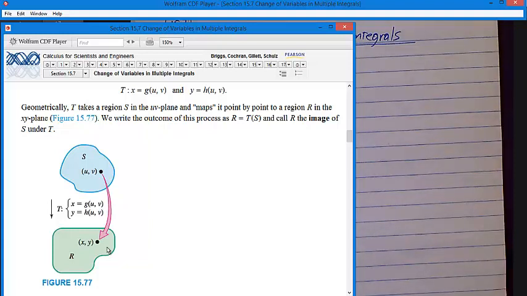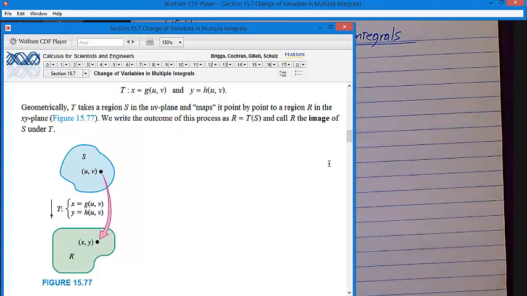What if region R is ugly? Well, the idea is there may be a transformation, capital T the book uses, that will change you from an ugly region to a nice region. I used the words vertically simple or horizontally simple. And so that's what we're going to end up doing.